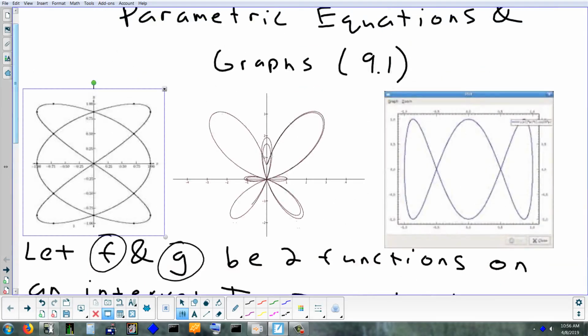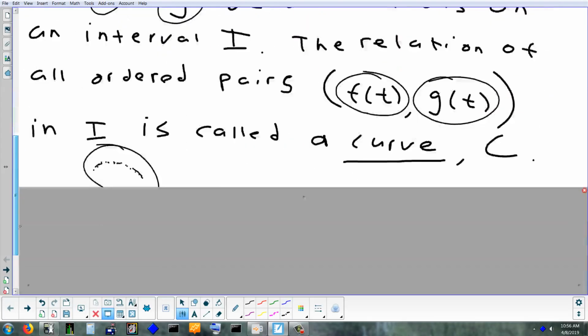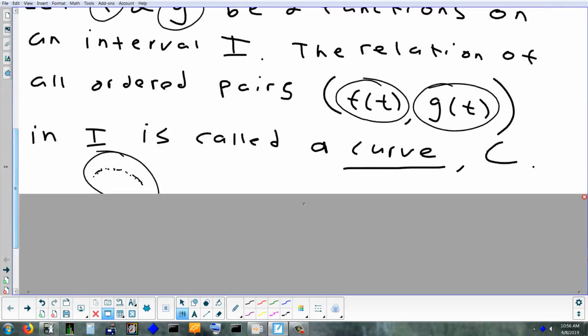That's a parametric curve. That's another parametric curve. That's another parametric curve. Even if I had something like this, that's considered a parametric curve. Curve doesn't mean that it actually has like a bend in it. A curve is just what they call the picture of something drawn parametrically. Whatever the picture is, curved or not curved. Okay? They call it a curve. That's the name.